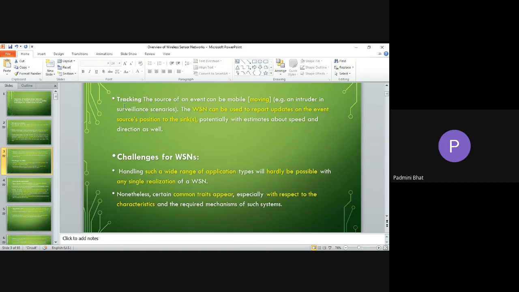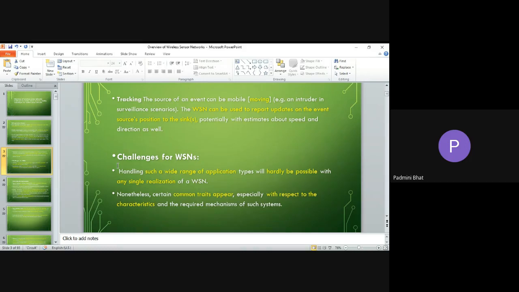So for such applications also, wireless sensor networks are used. Once it detects, it reports the updates on the event to the sink. Along with that, this is optional again, it can estimate the speed and the direction of the object.